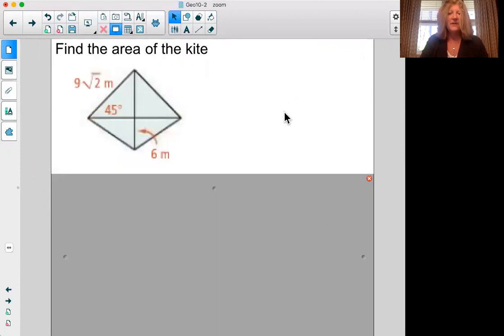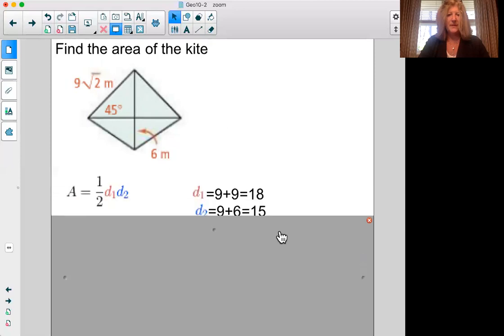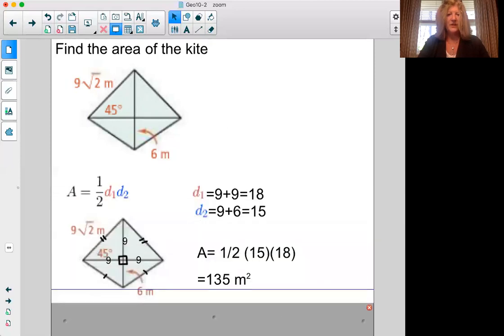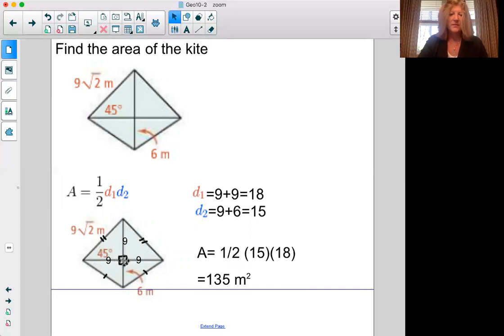Now here we have another kite. One of the keys to the kite is remembering that the diagonals are perpendicular. And so we can draw a picture, drawing in the perpendicular here. And then we have ourselves a 45, 45, 90 triangle here. And because of that, we know that if this is 9 root 2, then going backwards, the legs would be 9.